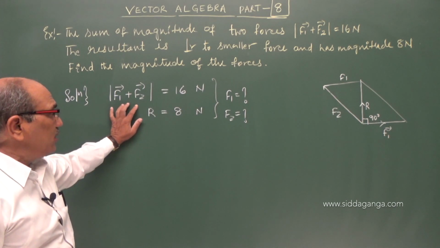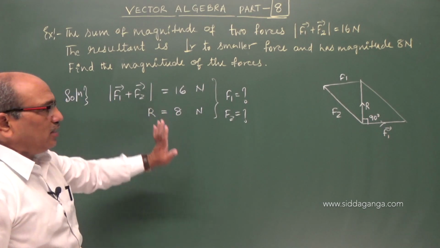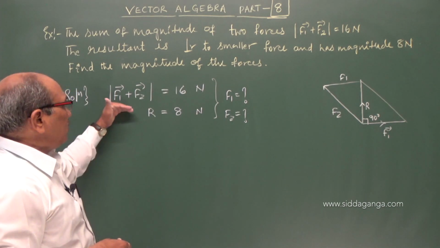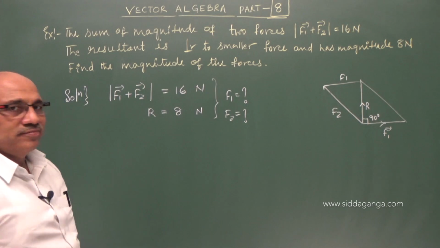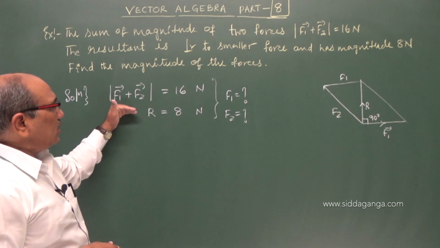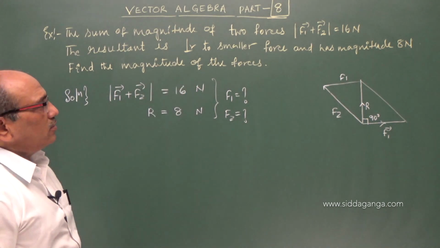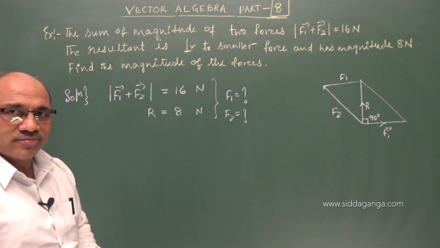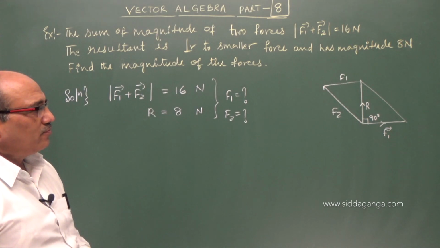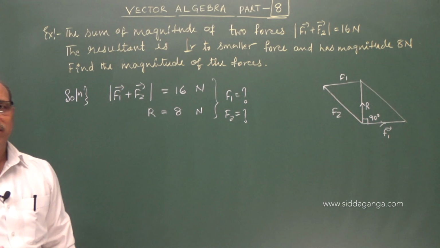The difference in the statement is that F1 plus F2 is written vectorially, and that may be R equal to 8 Newton. Now tell me what can be done. Let us think. How can you get the answer?